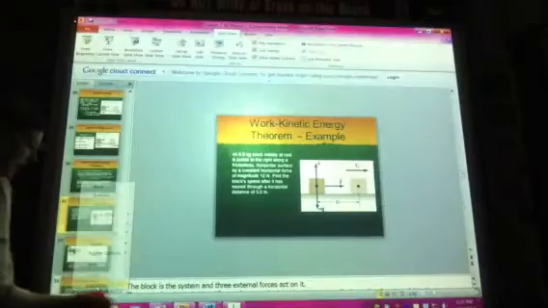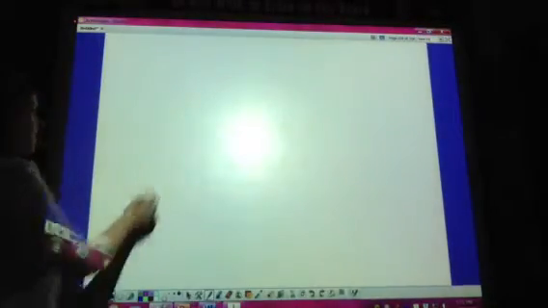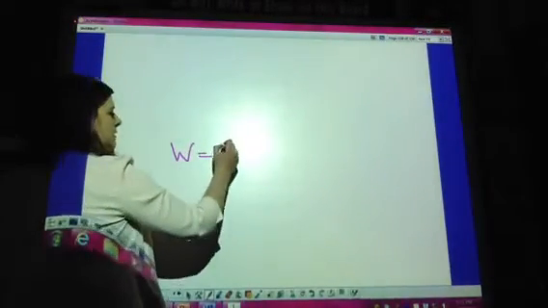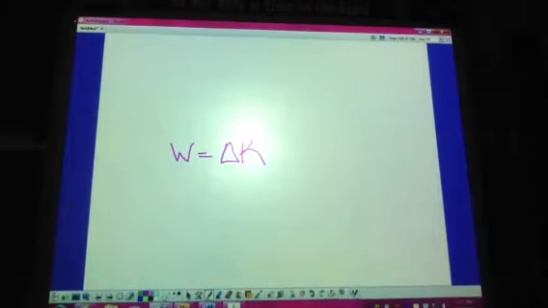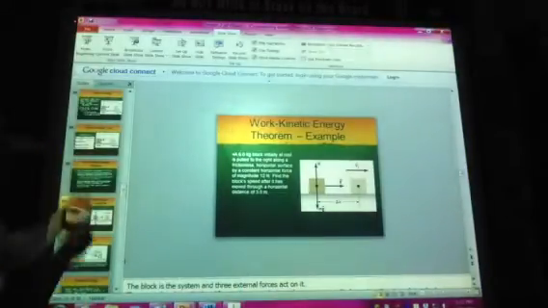So that's where we got our work equals delta K. So I know that for the work kinetic energy theorem, the work done on a system is equal to the change in the kinetic energy of that system.